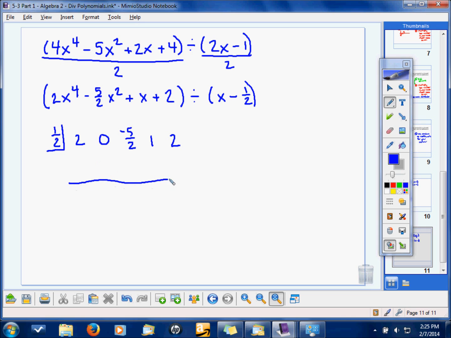So let's do this. We need to bring down the 2. 1/2 times 2 is 1. 0 plus 1 is 1. 1/2 times 1 is 1/2.